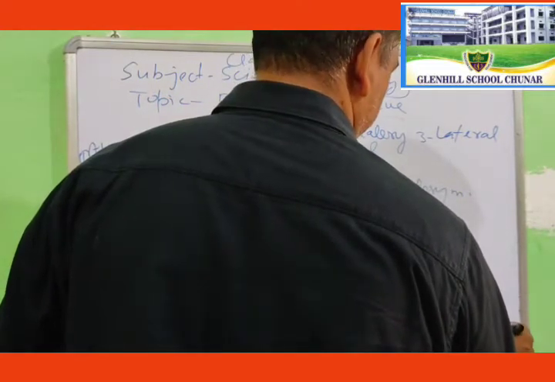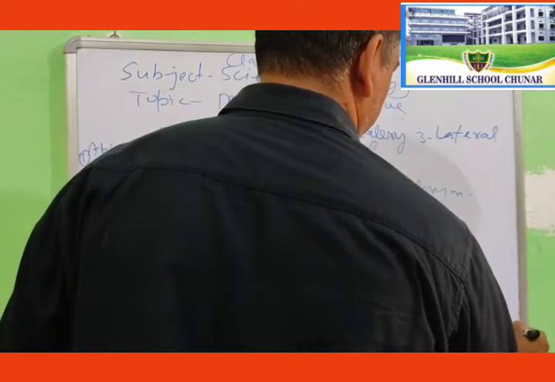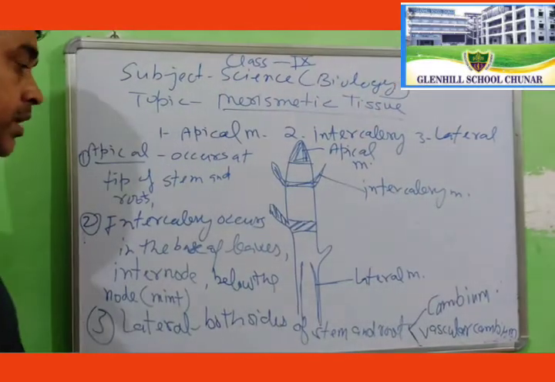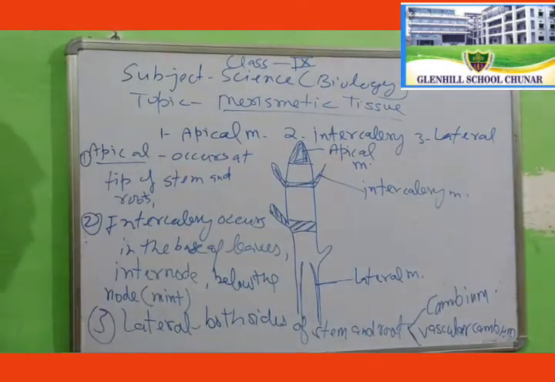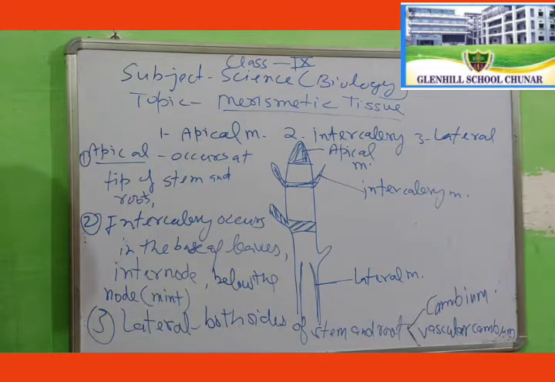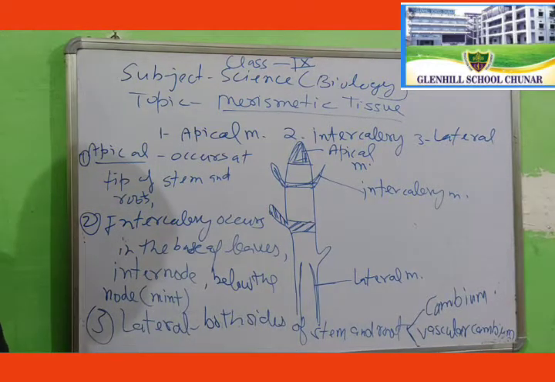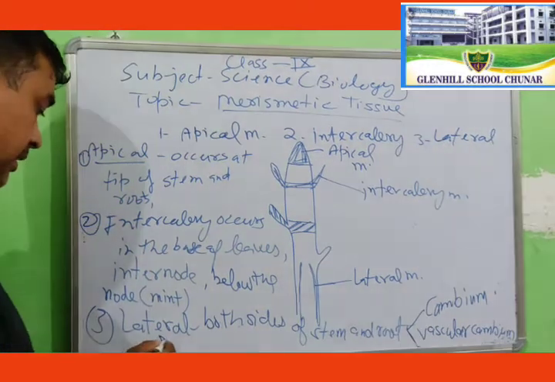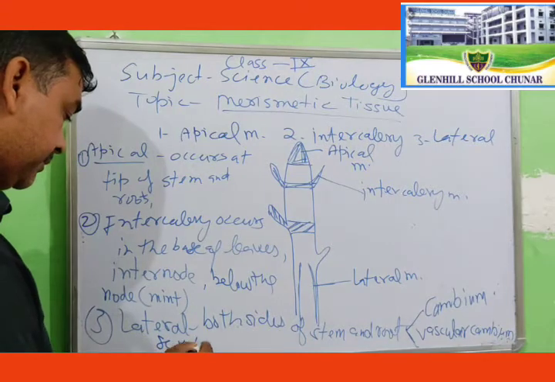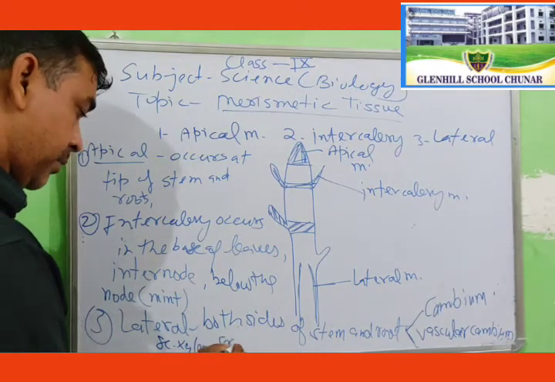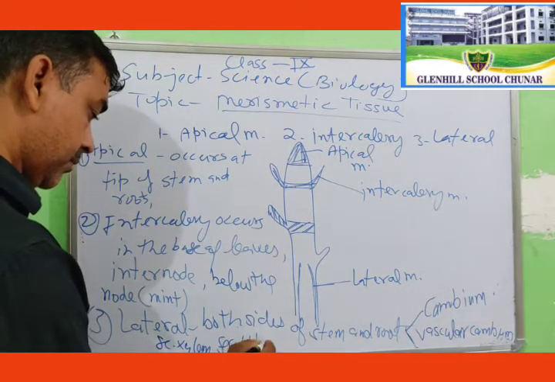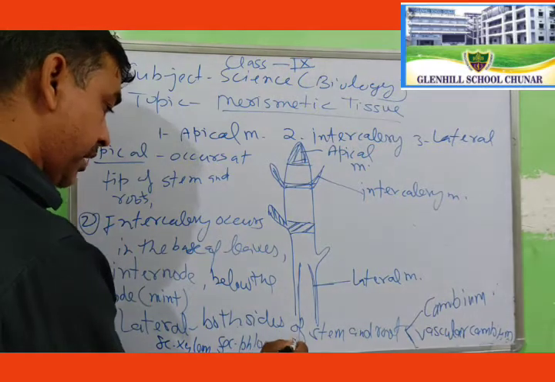Vascular cambium forms secondary xylem and secondary phloem.